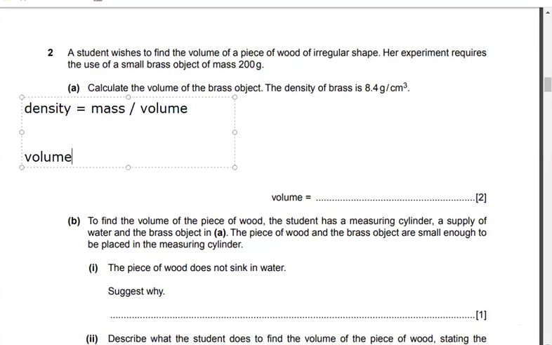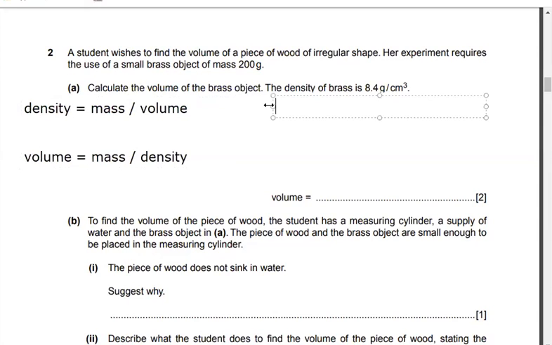So volume will be equal to mass upon density. Great. So volume will be equal to the mass given over here, 200 grams, divided by 8.4. 200 divided by 8.4, that is, you are getting 23.809.